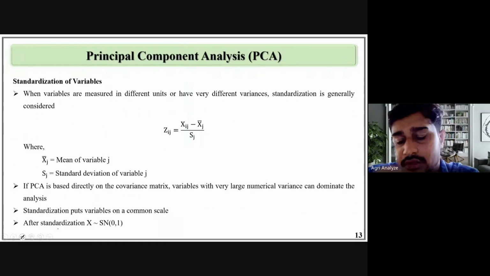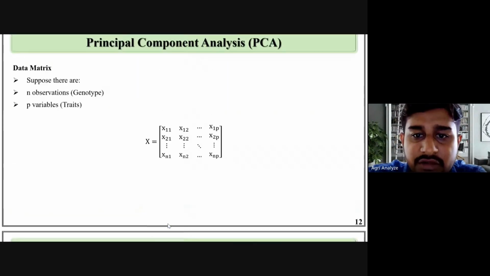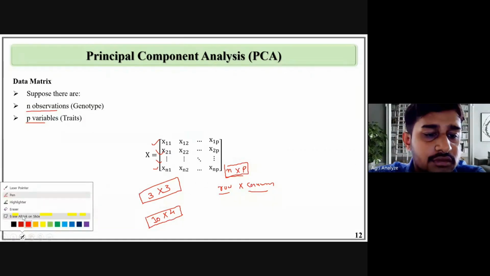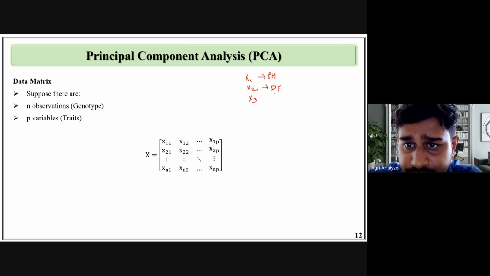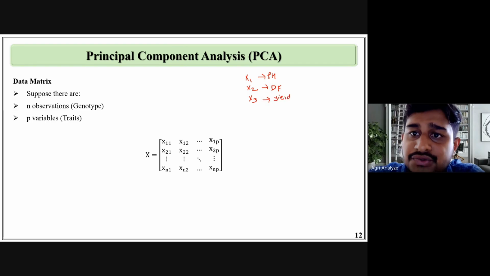Now, I will explain one more thing. Like if we have data x1, x2, x3, where x1 is plant height, x2 is days to 50% flowering, and x3 is yield. Plant height is measured in centimeters.